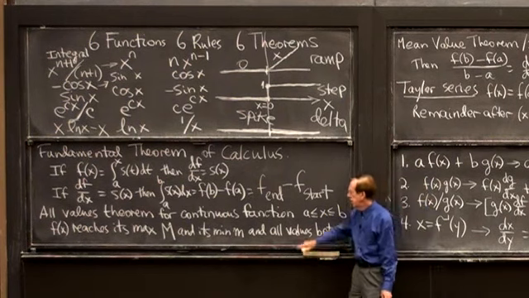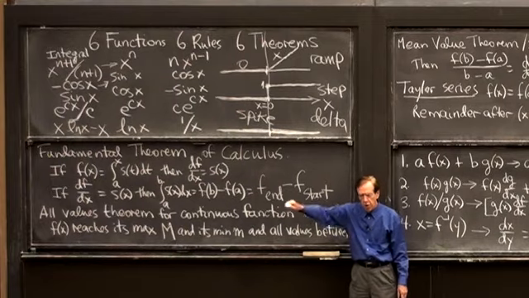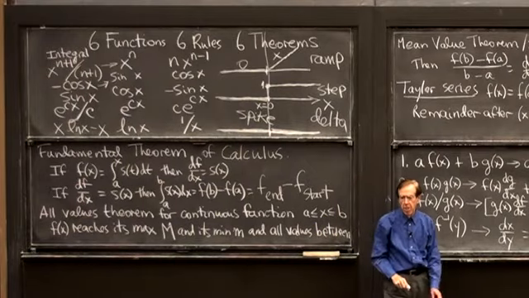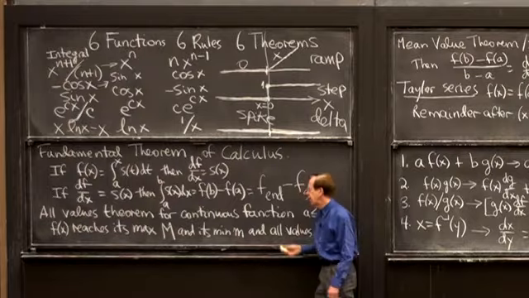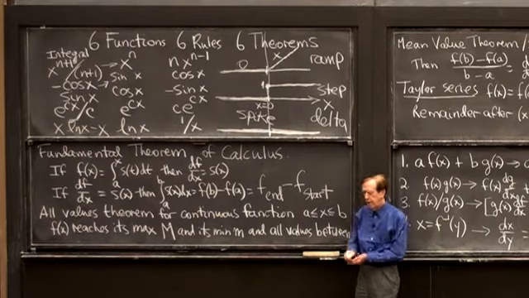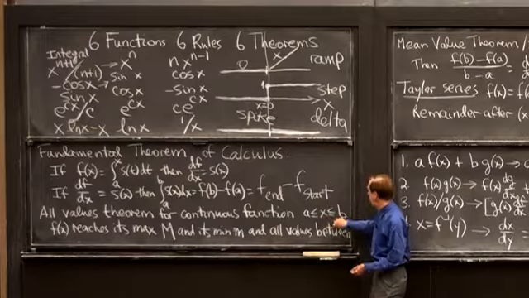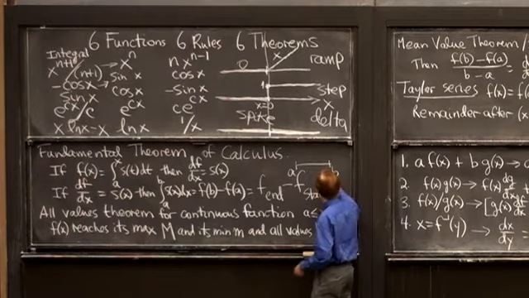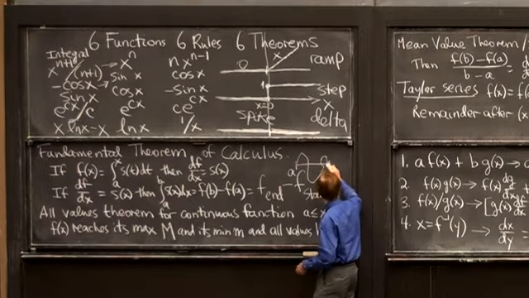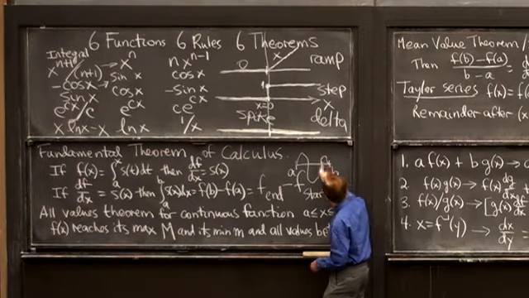All right. So we've got functions that we can draw without raising our pen, without lifting the chalk. And here's the fact about them. If I have a continuous function on an interval, so here's some point A, here's some point B, and my function goes like that. Oh, it doesn't do that. It goes like that.